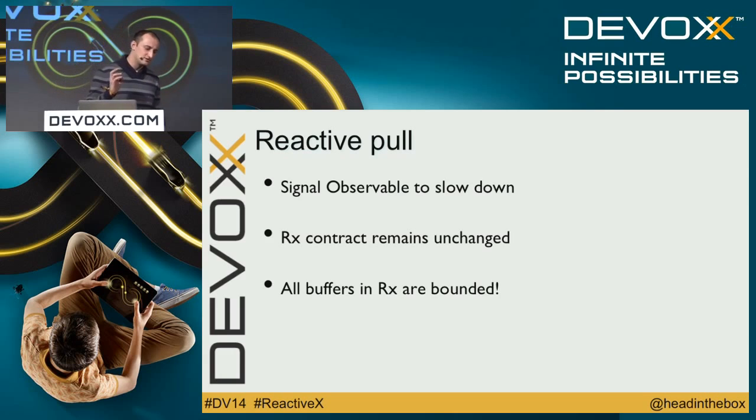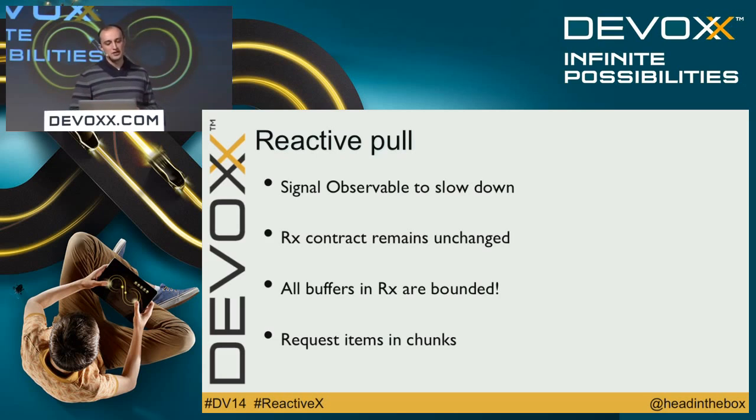And really, this backpressure is not really Rx specific, right? This is really a problem of asynchronous systems. This is just an asynchronous problem that any asynchronous system with a push model will bump into. So what we do with this reactive pool is we basically request items in chunks, and we request as much as we can handle.